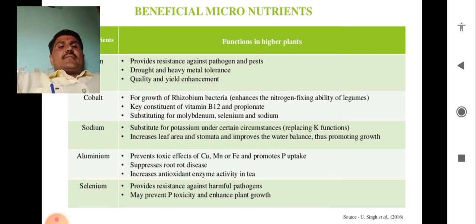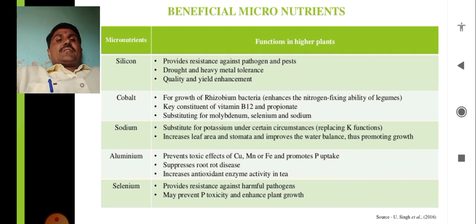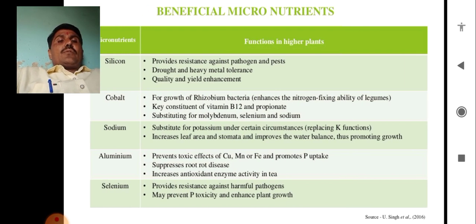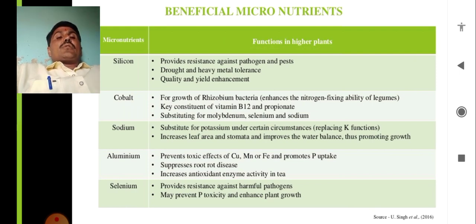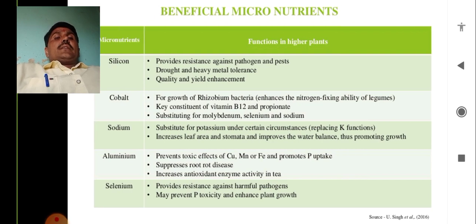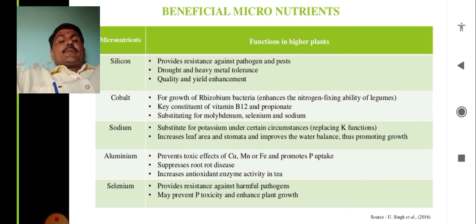Friends, these are some beneficial micronutrients which function in higher plants. On the left hand side there are the micronutrients: silicon, cobalt, sodium, aluminum, selenium, etc. Silicon provides resistance against pathogens, drought and heavy metal tolerance, and quality and yield enhancement.